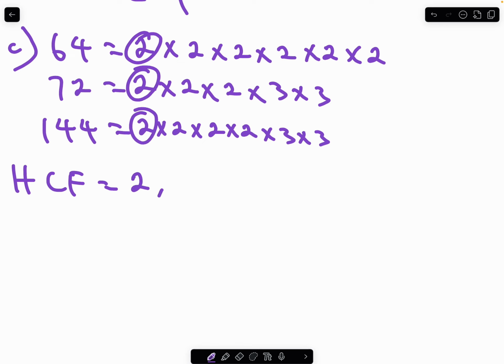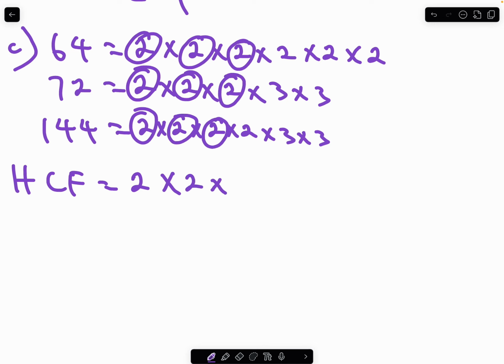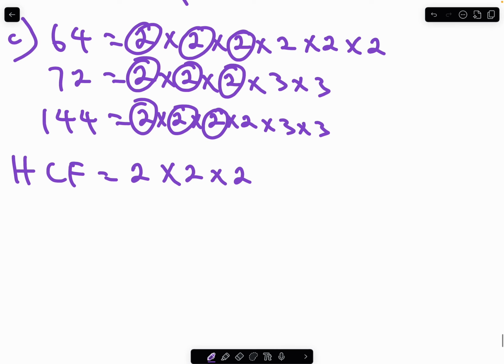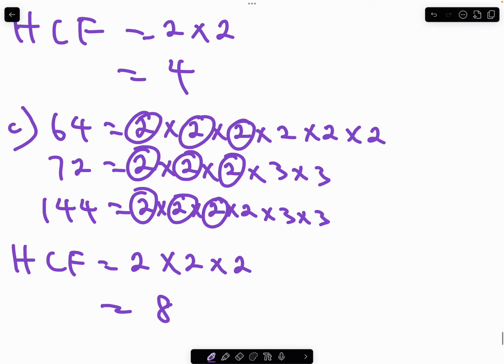You pick 1, 2 times. There's a 2 here, there's a 2 here, there's a 2 here. Pick another 2. Times, there's a 2 here, there's a 2 here, there's a 2 here, times 2. What else? And that's all. So that means the HCF is equal to 8.